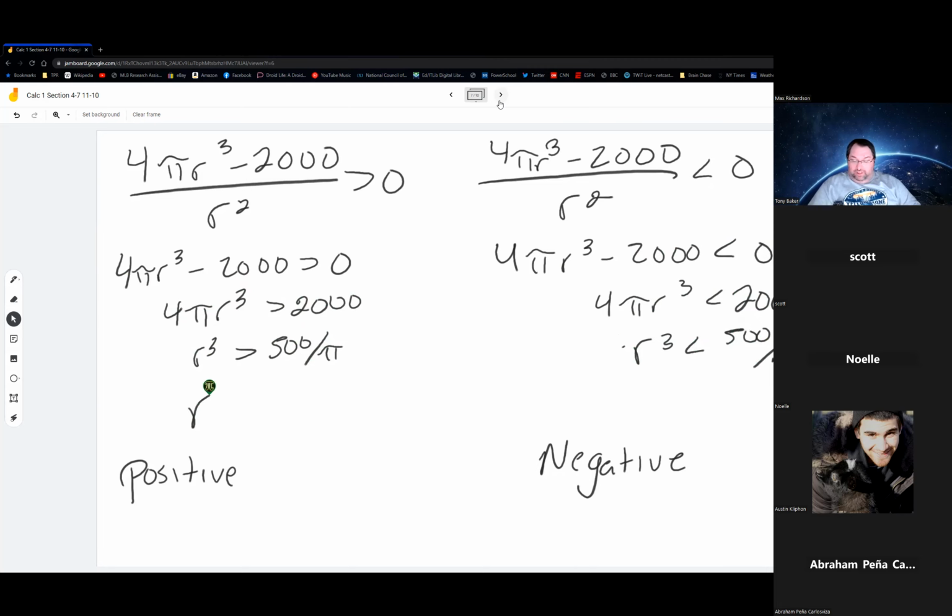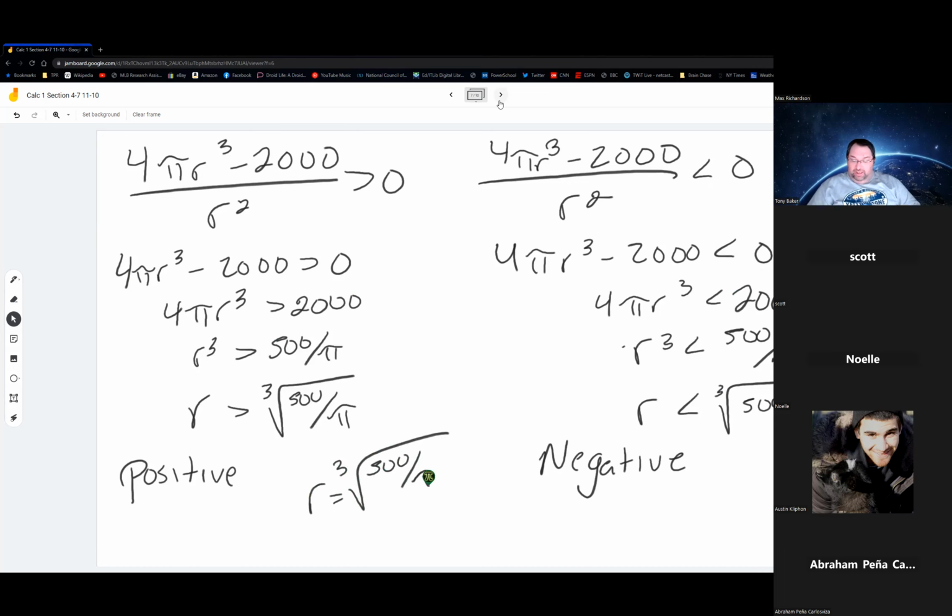So if r is greater than the cube root of 500 over pi, my slope is positive. If r is less than the cube root of 500 over pi, my derivative is negative. So that means my slope is negative. So that means that r equals the cube root of 500 over pi.